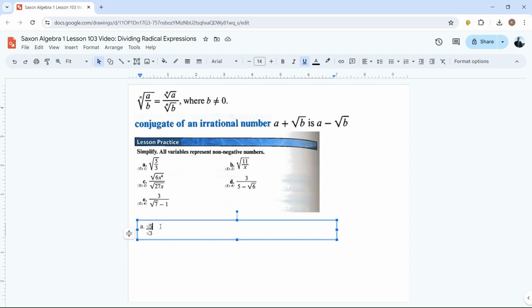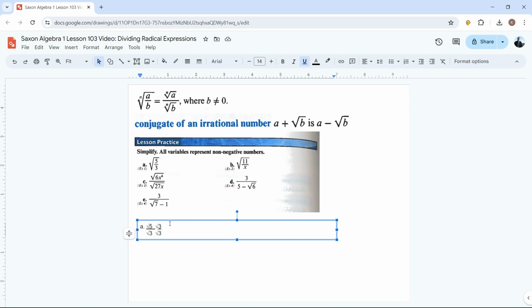Well, I can multiply this by a number that equals 1, okay? I can multiply this by the same thing on the top and the bottom. What if I multiply by the square root of 3 divided by the square root of 3? So I have the square root of 3 on the top of a fraction and on the bottom of a fraction. Okay, let's see what happens on the top.